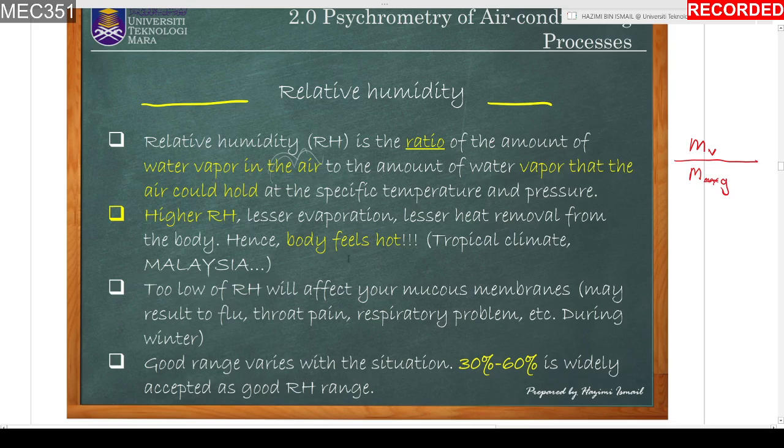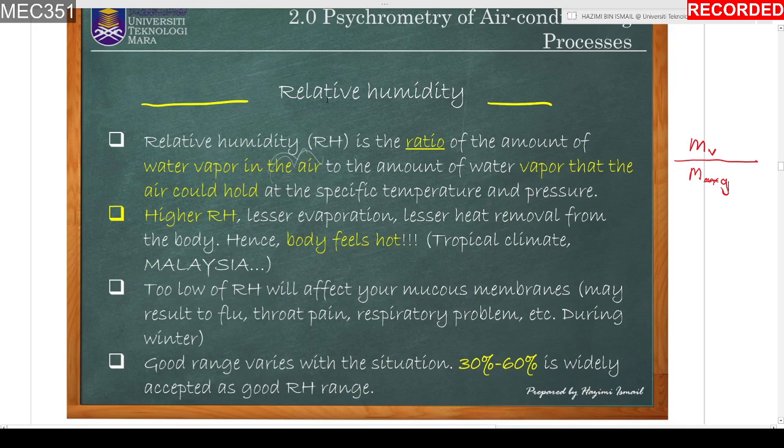Tapi kalau foreigner datang, especially from Europe or top hemisphere countries, dia datang Malaysia, dia susah nak adapt sebab kita panas. Sebab tu kalau awak perasan, Mat Salleh datang pakai seluar pendek sebab memang dia panas. Kita okey je pakai seluar panjang kan, sebab dah biasa lah.